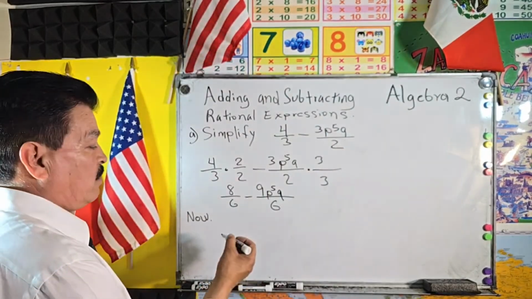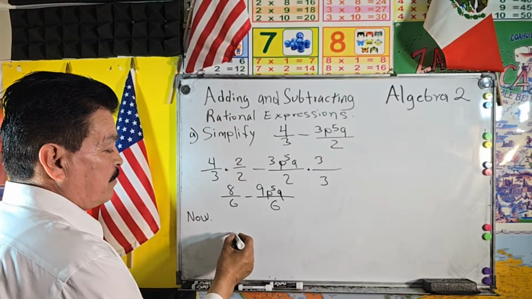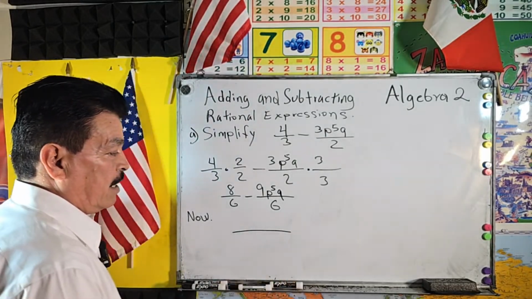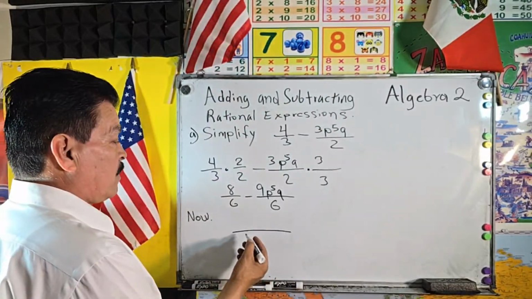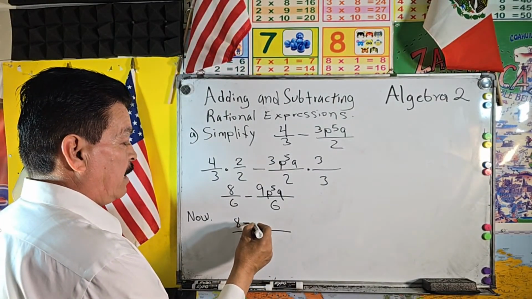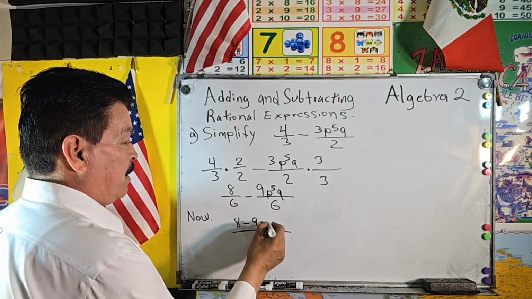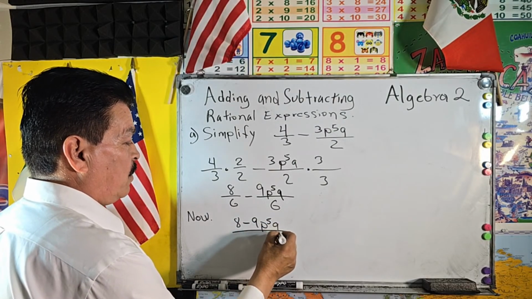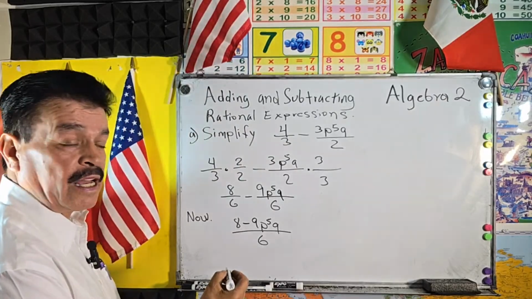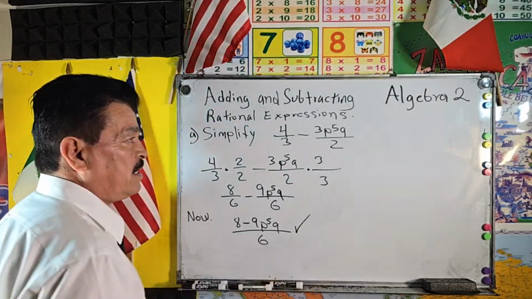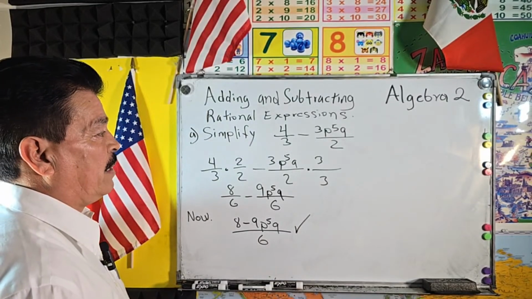So what is the way to subtract? Just write the numbers in this form: 8 minus 9p^5 q, over 6 right here. So this is the answer. Our class is very simple. It's not complex.